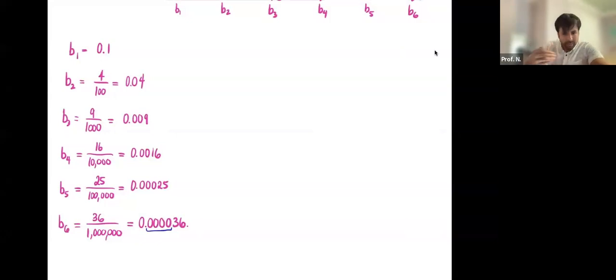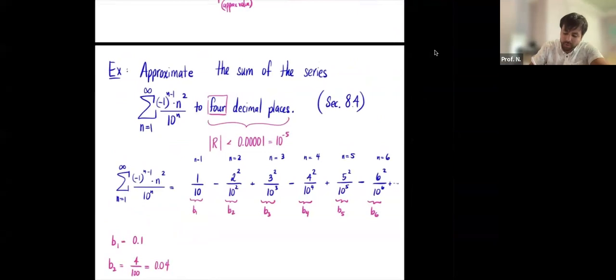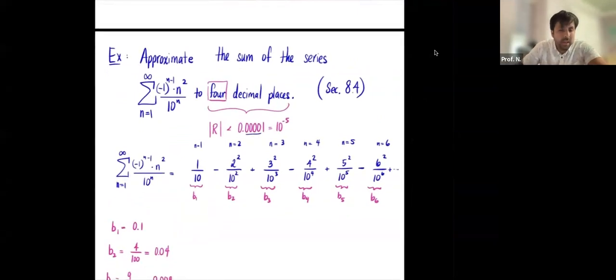Eventually, b sub 7 will have 5 zeros, but I don't need that, because all I need is for the first 4 decimal places to be zeros for the remainder, or for the error.